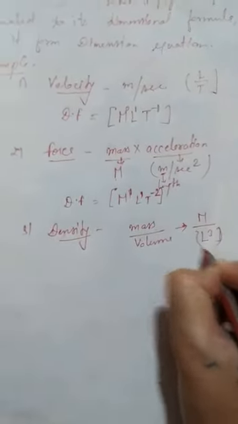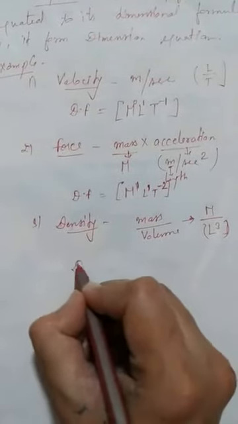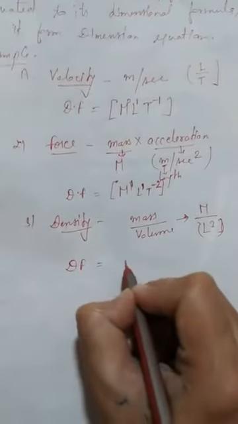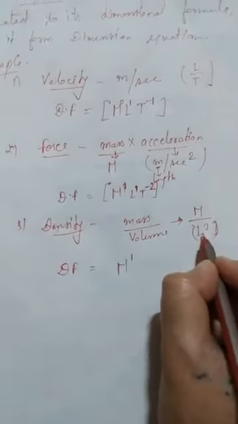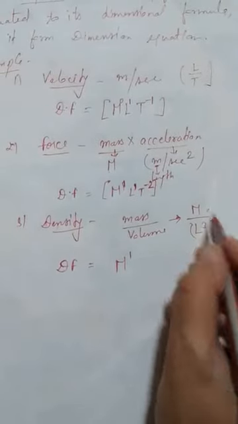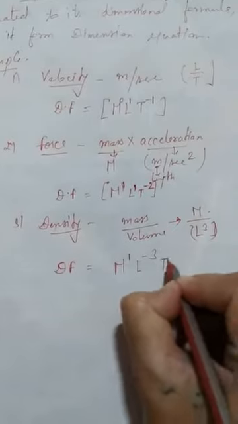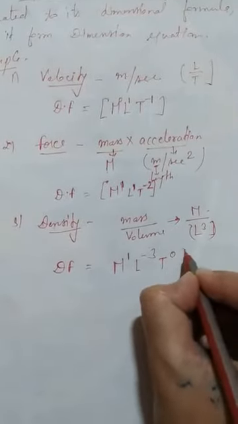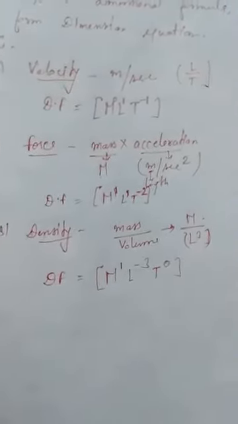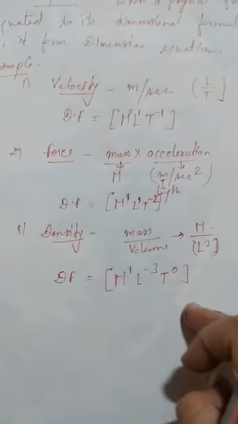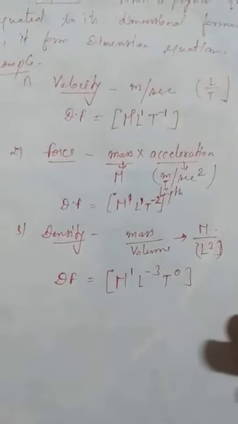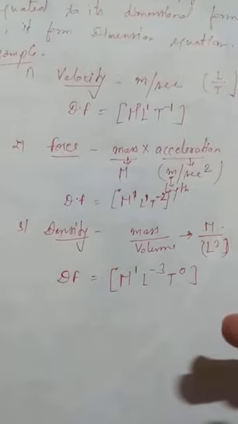In the dimensional formula we write M1 L, and since it is divided, it goes to the upper side as L minus 3. There is no time term, so we take T raised to power 0. This is formed in the MLT form. Clear to everyone?